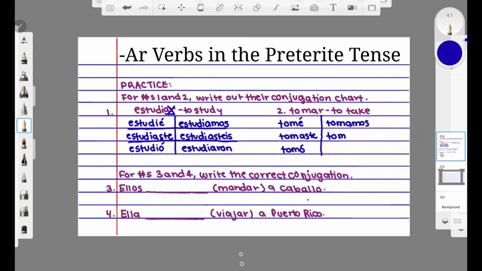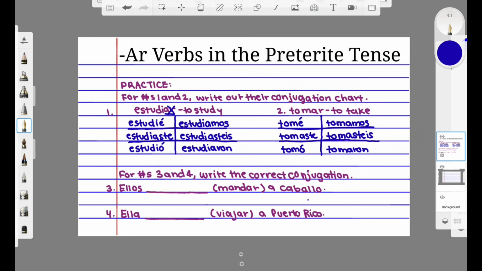Vosotros tomasteis. Ustedes, ellos, ellas tomaron. So basically, in every AR verb that's not irregular, but we'll be talking about the irregular ones soon, so don't worry, it's going to follow the same pattern: é, aste, ó, amos, asteis, aron.